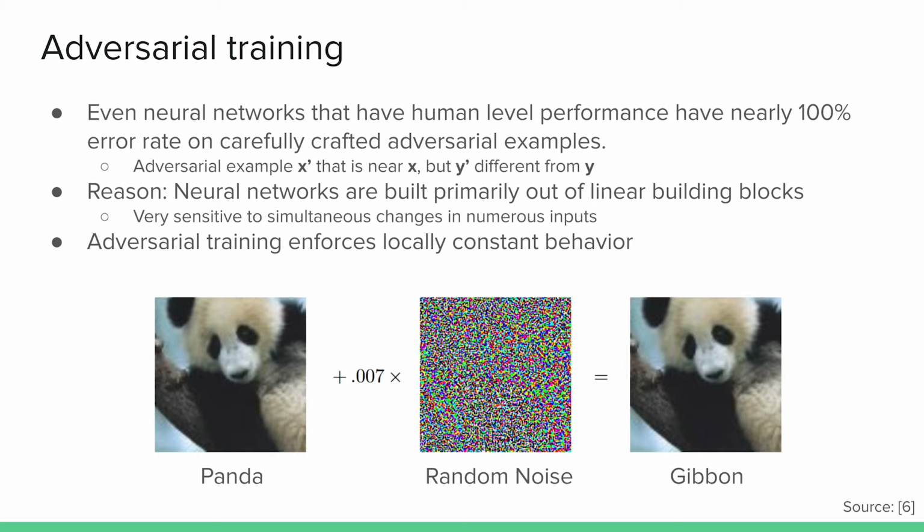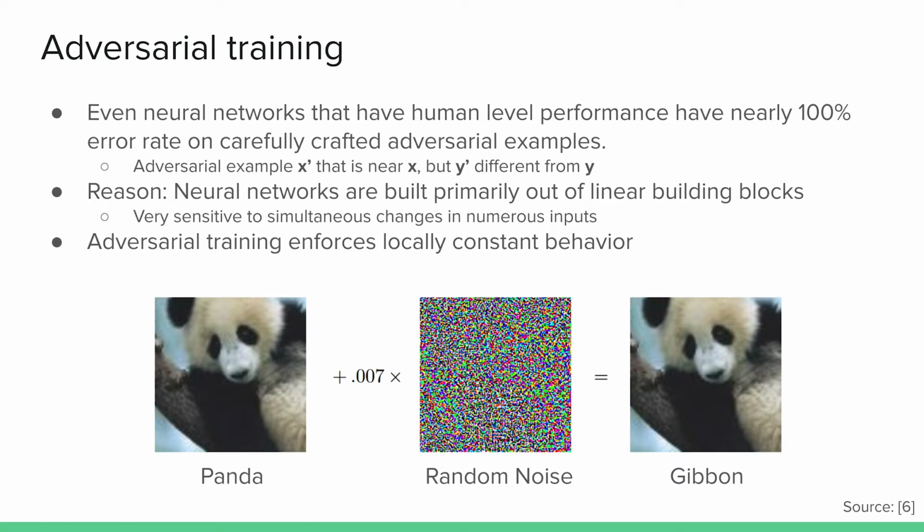The reason is that neural networks are primarily built out of linear building blocks, meaning that if you change one thing, you change one part in your space. However, when you simultaneously change numerous inputs, all layers will be affected slightly, and then the effect becomes much bigger.